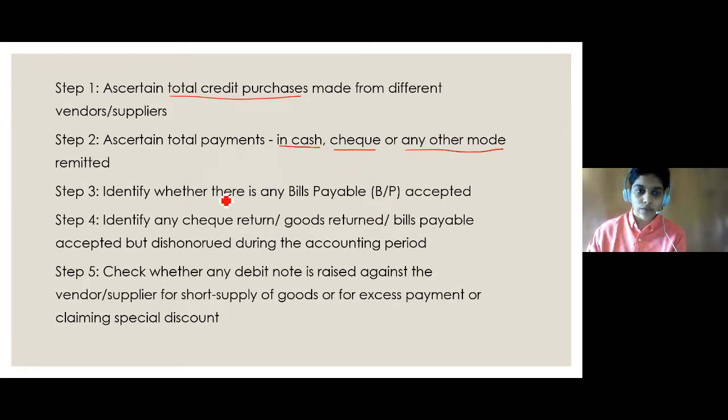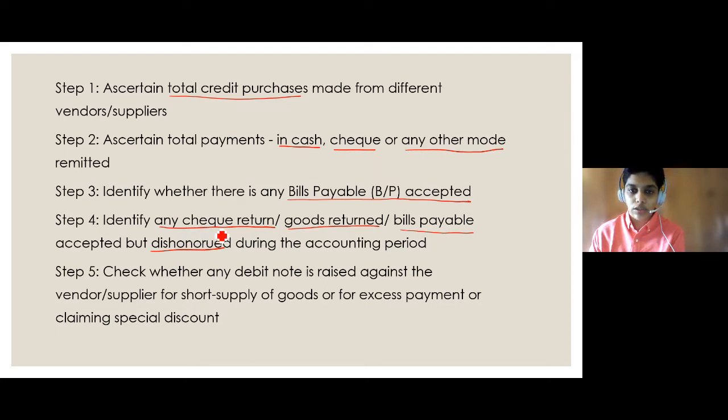Along with this, we will identify whether any bills payable were accepted by us in the past. Once we have found this out, we move to the next step and try to identify if there are any checks returned or goods returned by us or any bills payable that have been dishonored during this period.